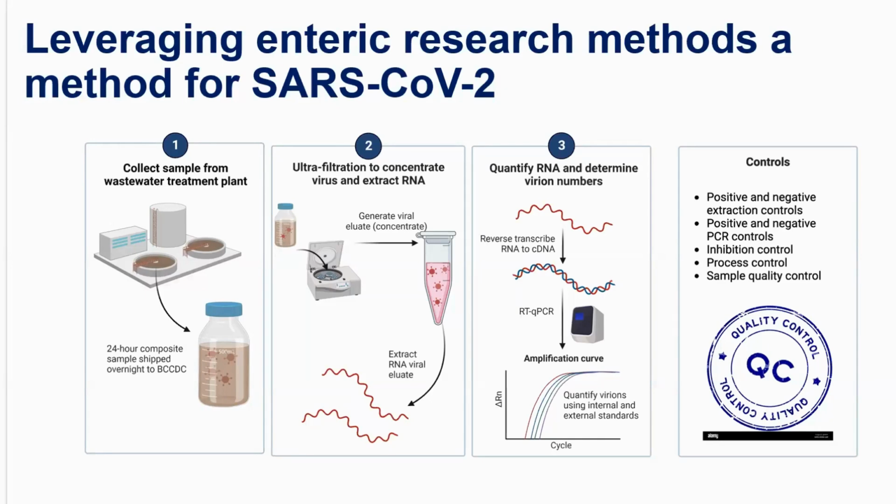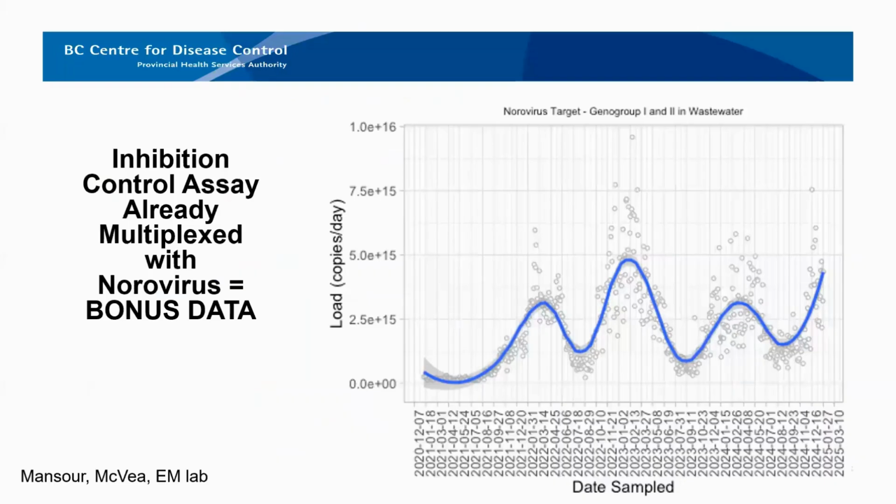In fact, our inhibition control was already linked in to our norovirus assay. So we just kept running the norovirus assay as part of our inhibition control. So we had this bonus data dating back to the beginning of the pandemic where we had norovirus data in wastewater. So if you go forward.